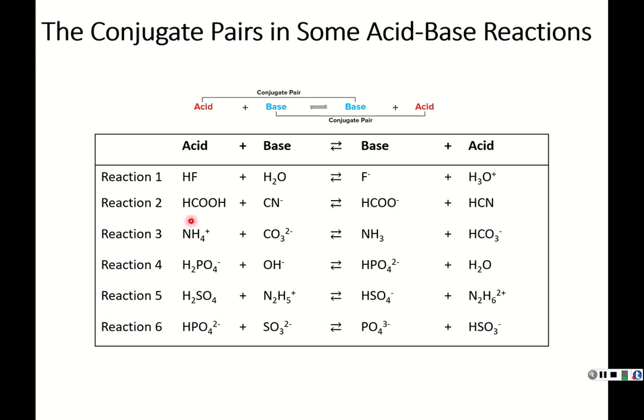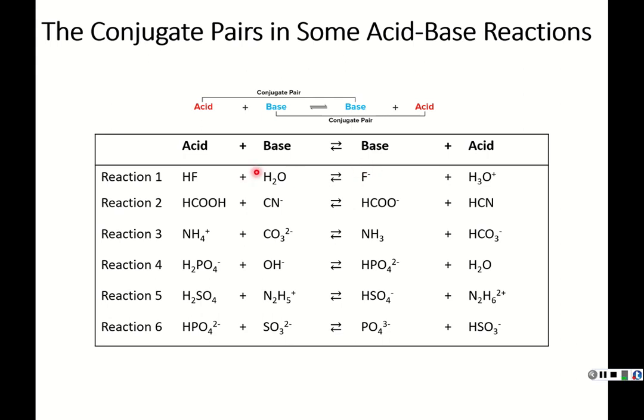Our acids are shown here, and their conjugate bases are shown here. A conjugate base is just the formula of your acid when the proton is removed. So for our acid HF, when the proton's removed, what do we have? That's F minus. That's what's left, so that's our conjugate base.